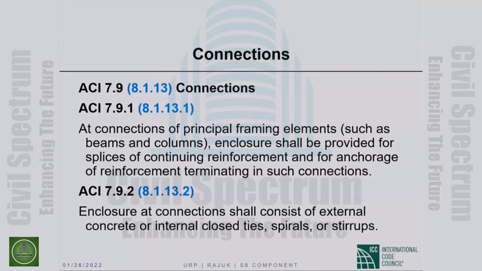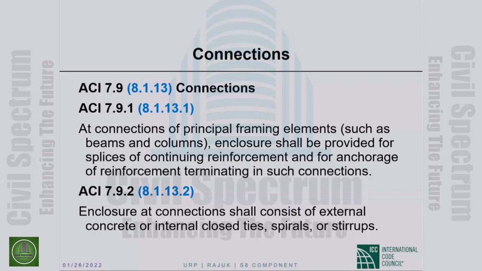So if you have a splice or you have hooked your bar for anchorage because the bar ends at a connection between a beam and a column, then the splice or that hook that anchors shall have enclosure.